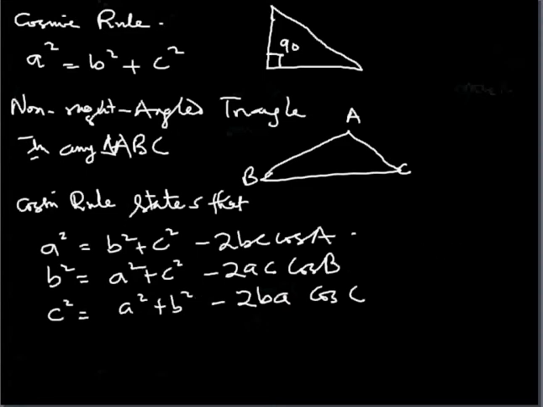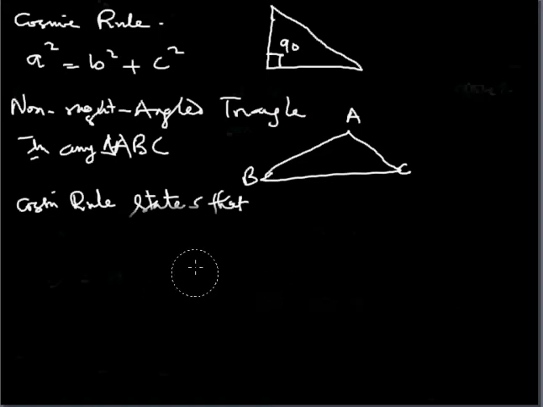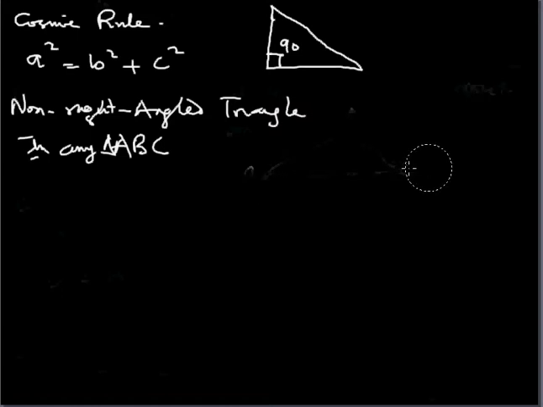Take, for instance, we are going to be solving an example to implement this rule. We are told to find a in triangle ABC.